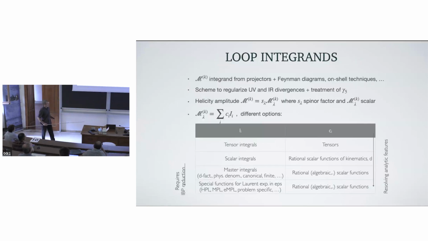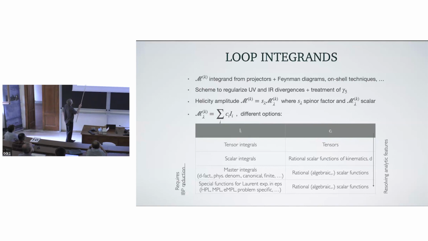It is maybe not a big issue to write down some expression for these multi-loop amplitudes. So at the level of the loop integrand, you have different options to write that down. And I've listed a couple of options here.